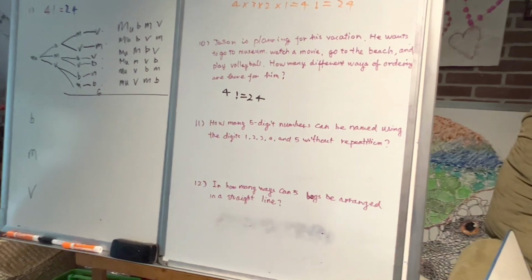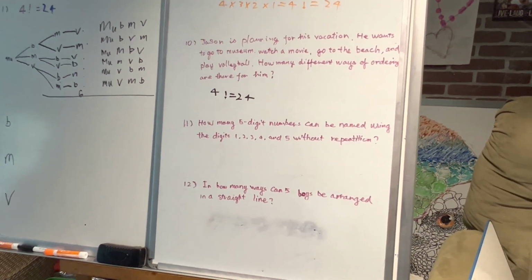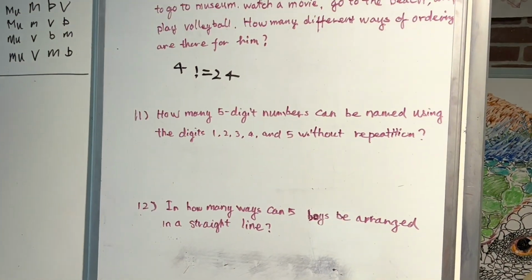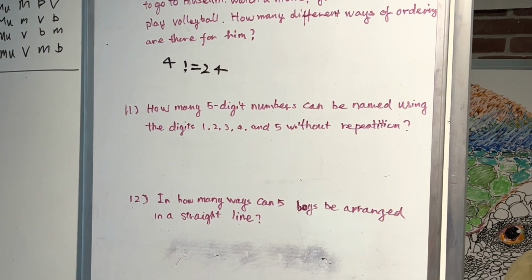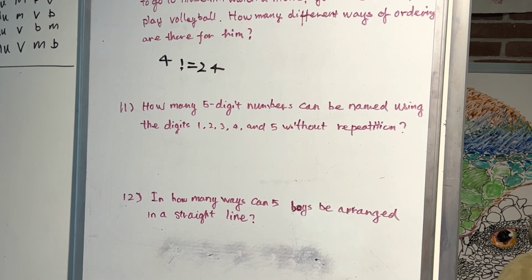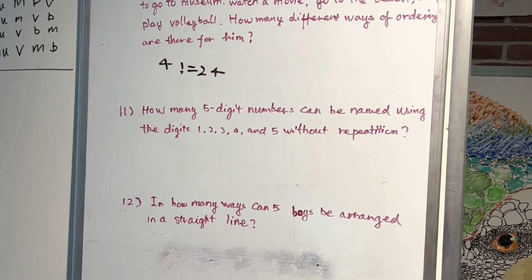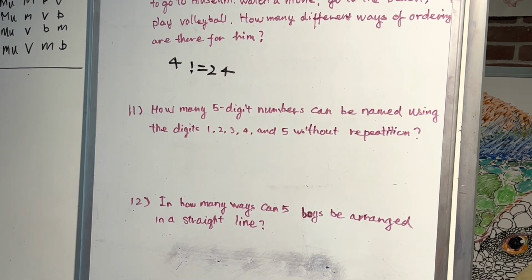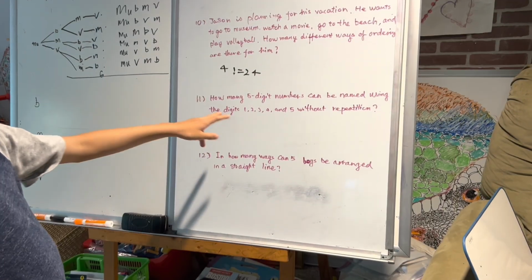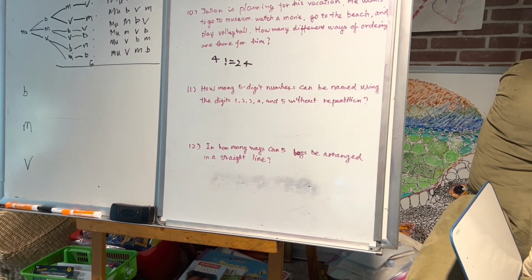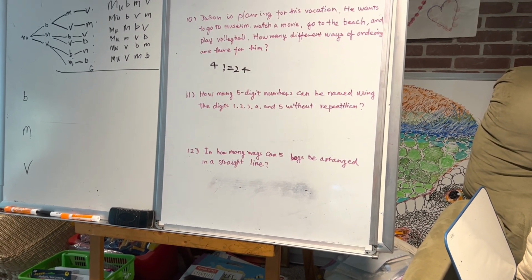How many 5-digit numbers can be named using the digits 1, 2, 3, 4, and 5 without repetition? So we have the 1, 2, 3, 4, and 5, so it's not going to be 24.